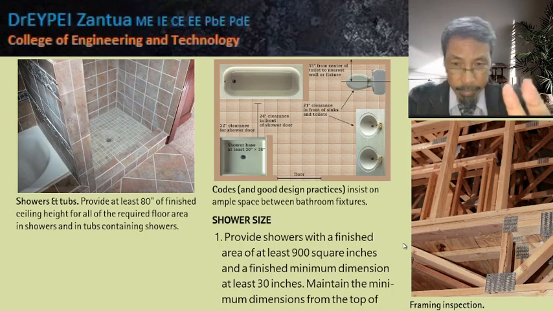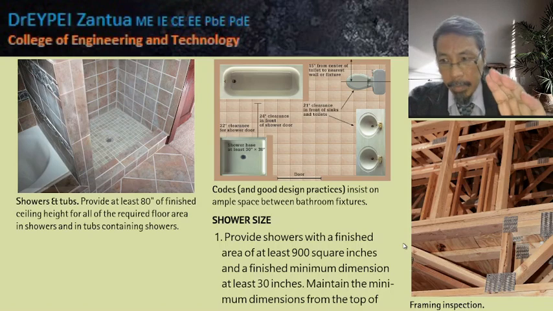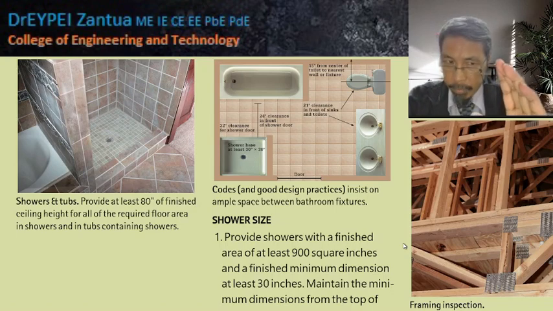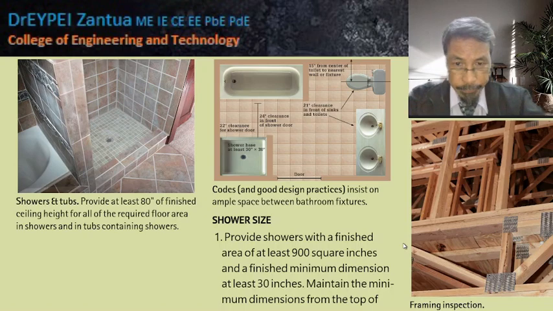However, I may have to tell you that with regards to this, only the master plumber is the authorized professional that could sign and seal this plan with respect to this area of specialty. Finished minimum dimension should be at least 30 inches.